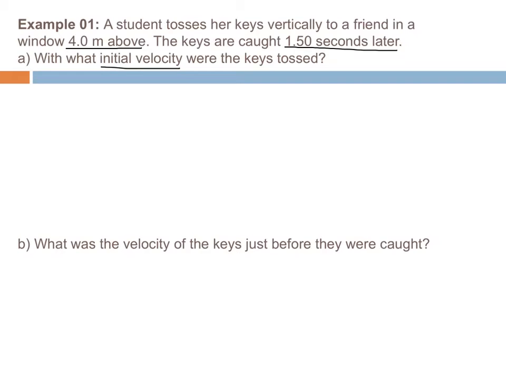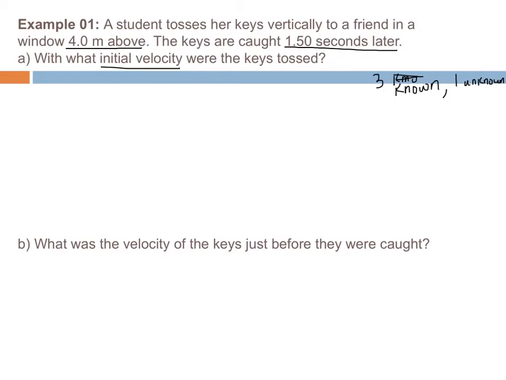So remember that with kinematic equations, you have to have at least 3 pieces of information, so 3 known pieces and 1 unknown. Okay, good. 3 known pieces of information and 1 unknown piece of information.